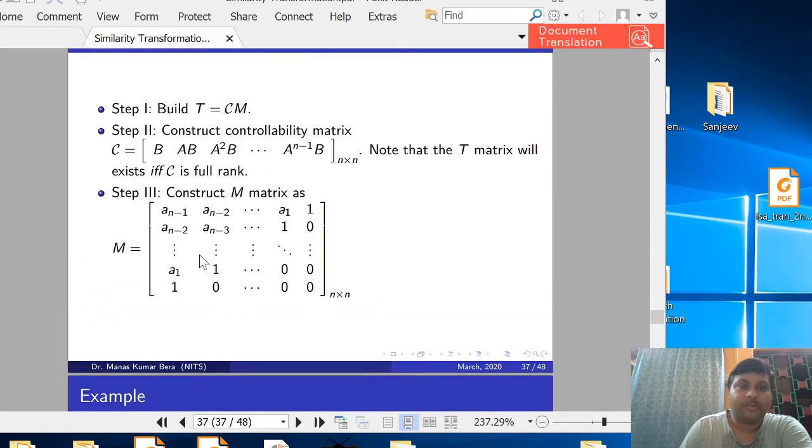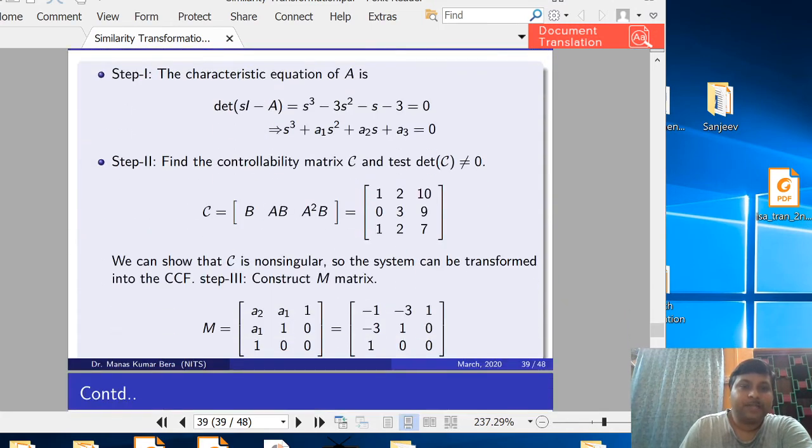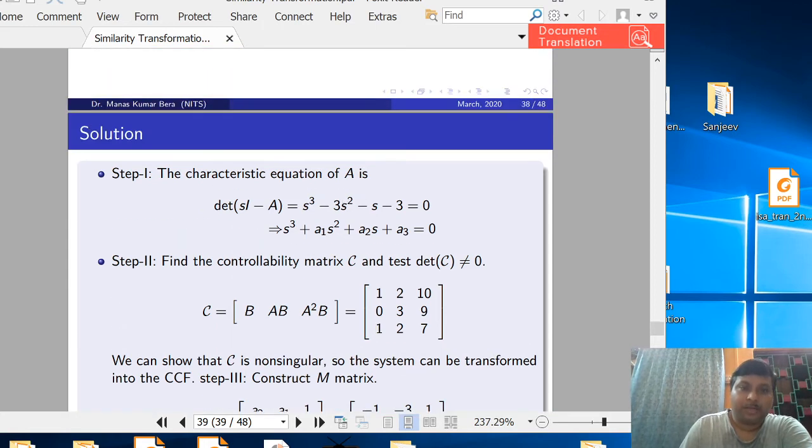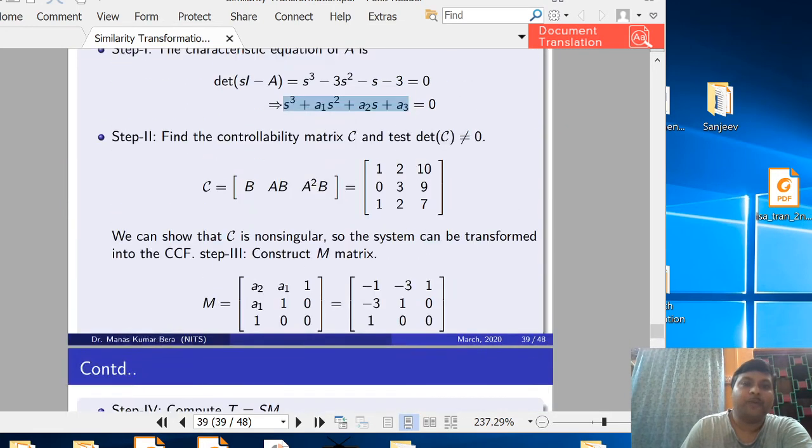According to our definition, it is 3 by 3, so we start with a2, a1, 1; the second row will be a1, 1, 0; and the last row will be 1 0 0. We have already identified a1, a2, a3 from the characteristic equation, so you just substitute and you will get M.